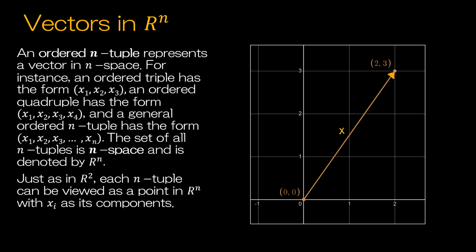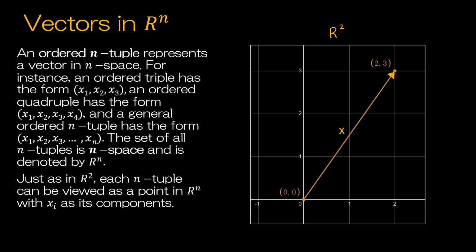So this is where things get a little bit more abstract. But essentially we're saying you're going to have an ordered triple or an ordered quadruple and so forth, and all of those are going to be represented in Rn. So this picture would be R2, which would be 2-dimensional space.